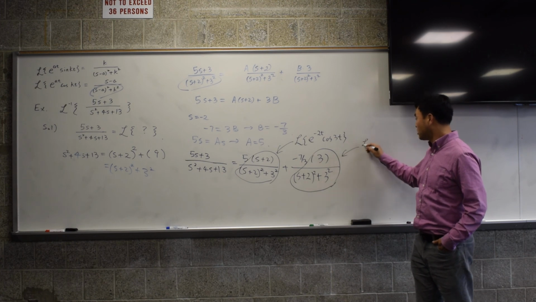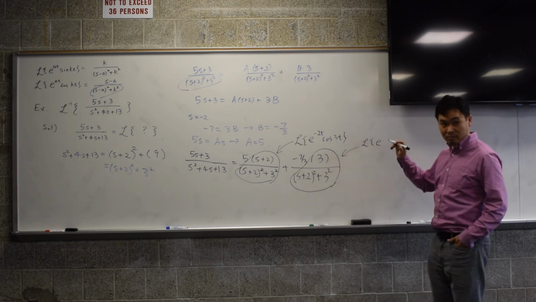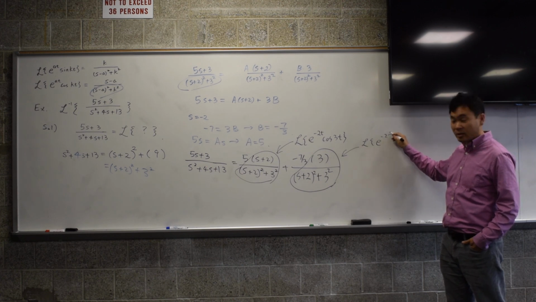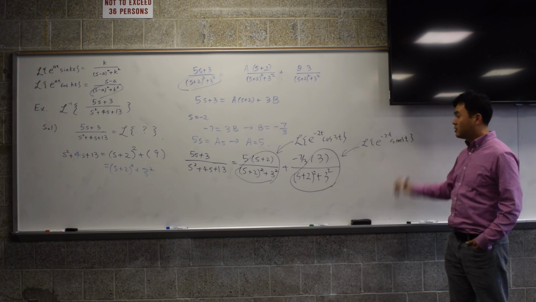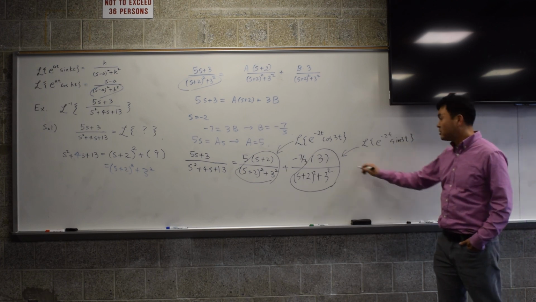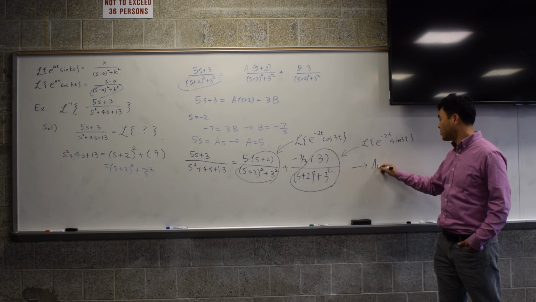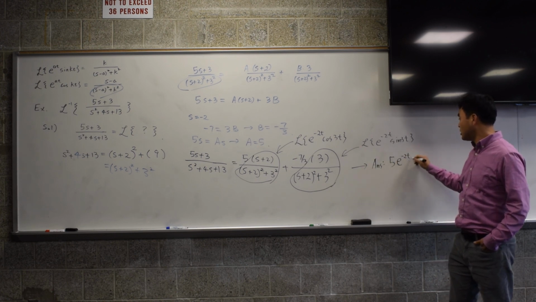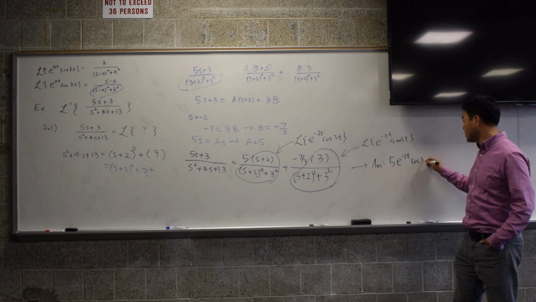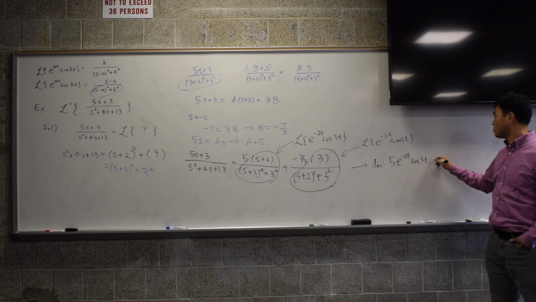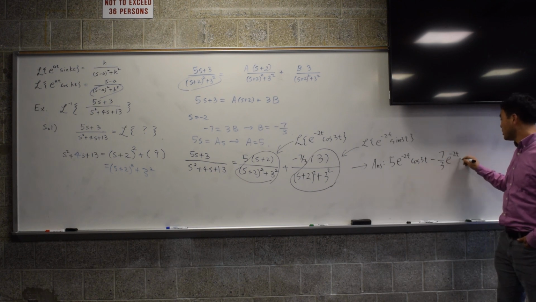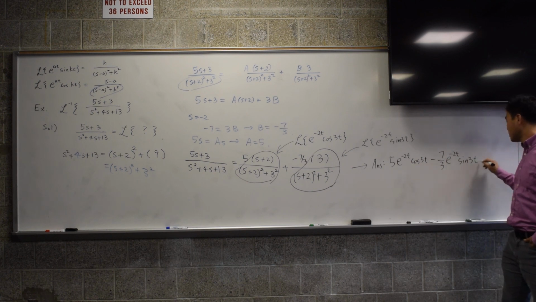This is a Laplace transform of e to the negative 2t sine 3t. Therefore, what's our final answer? Answer is 5 times e to the negative 2t cosine 3t minus 7/3 e to the negative 2t sine 3t. That's it.